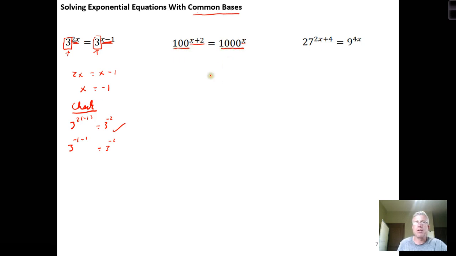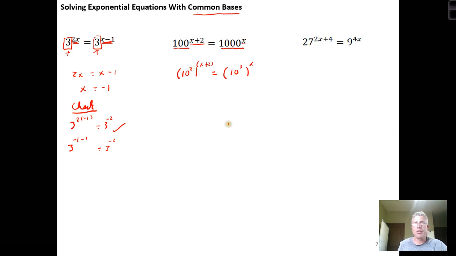So we want to see if we are able to rewrite the two expressions so that the bases do match. 1000 on the right-hand side, which is being raised to the x power, can be written as 10 cubed. 10 times 10 times 10 is 1000. And 100 over here, which is being raised to the x plus 2 power, can be rewritten as 10 squared.